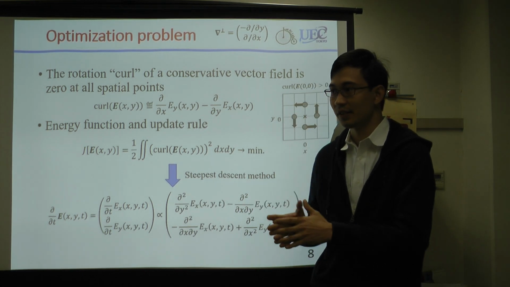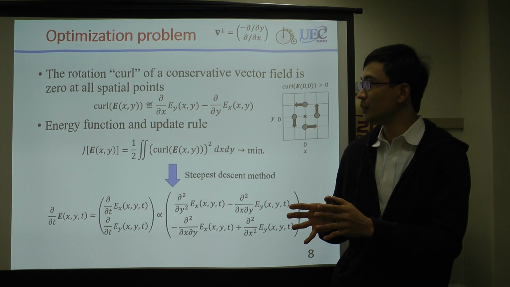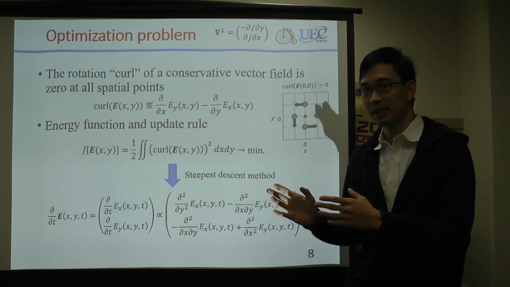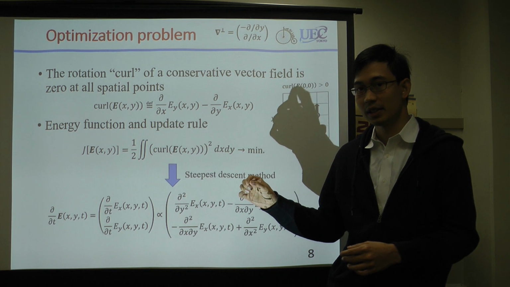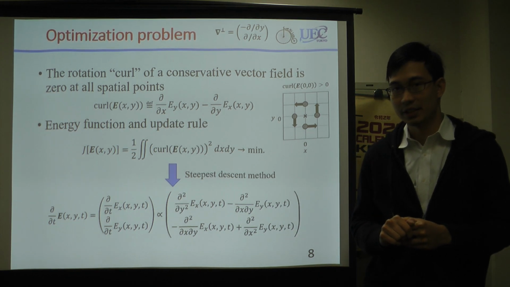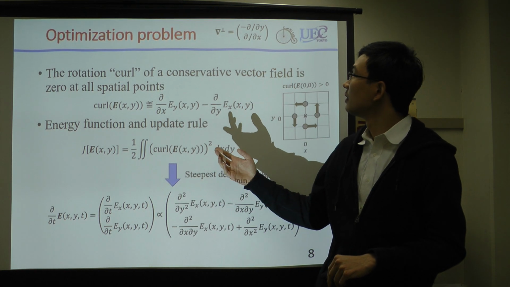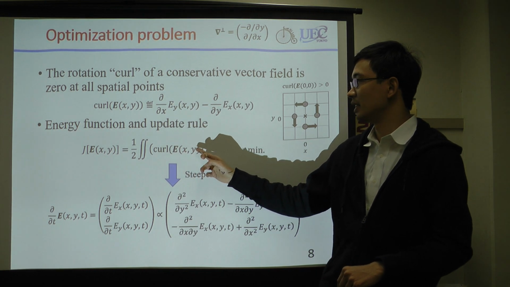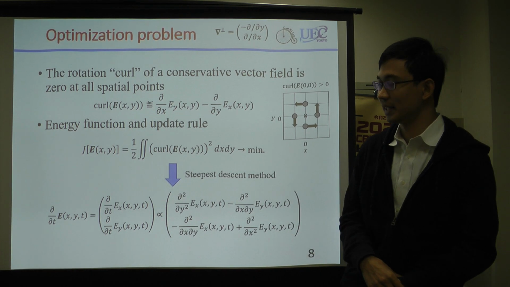Now how do we solve the equation? For the previous relationship to hold true, the vector has to be a conservative field. And for a conservative field, at all spatial points, the rotation or curl of the vector field has to be 0. The equation for curl can be expressed in terms of partial differentiation of its y and x components respectively.